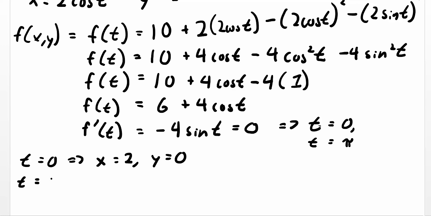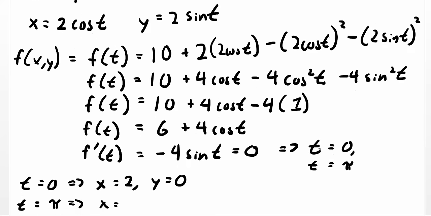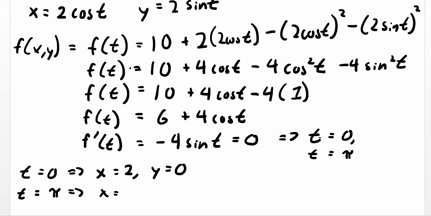Now when t equals pi, we'll have x equals 2 times cosine pi, which is negative 2, and y equals 2 times sine pi, which is still 0.